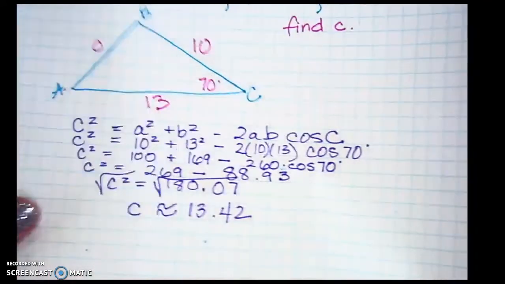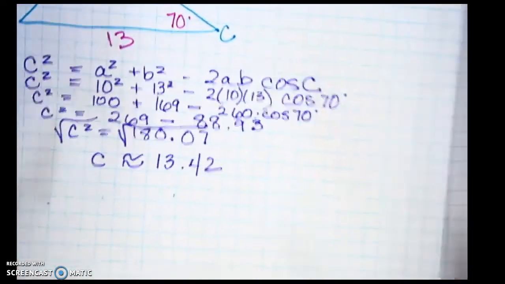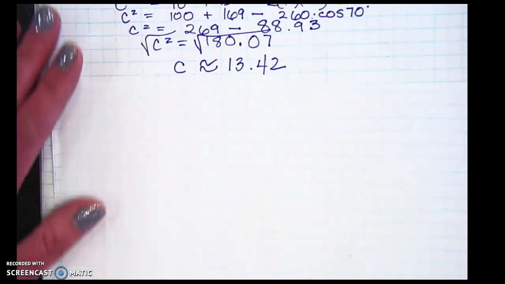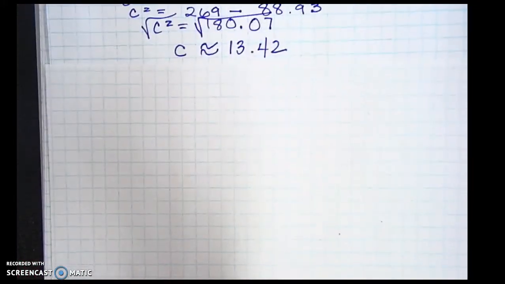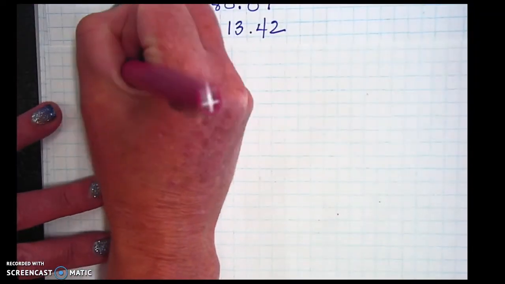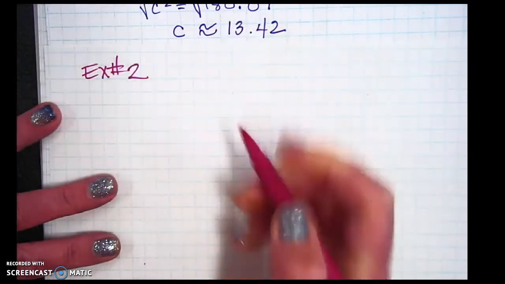We're good? All right, let's do one where instead of finding a side, you're going to find an angle. Okay? So this is example number 2.